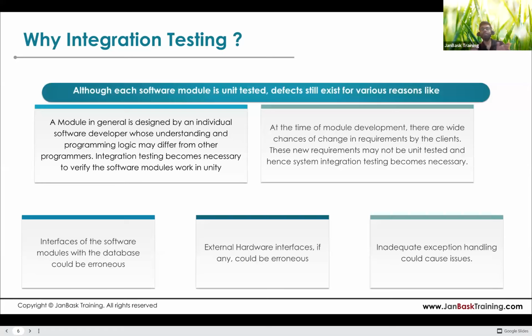The second module or the lower level module is expecting something from the high level module, but the high level module sometimes, in some edge cases, provides some other data to the lower level module, and that's why there could be bugs or defects there.